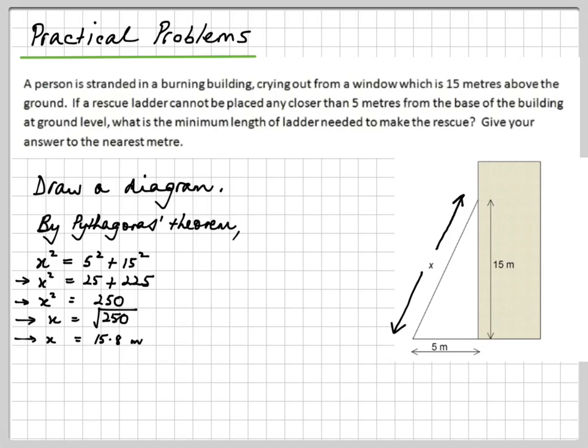Now, in this case, ladies and gentlemen, what we have to do is express it not to one decimal place, but to the nearest whole metre, okay? The nearest whole metre. So you look at the first decimal place position, which is the one you don't want, okay?